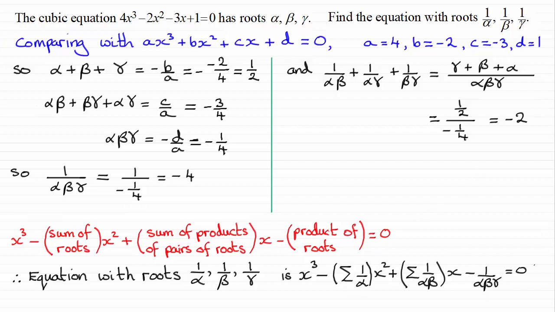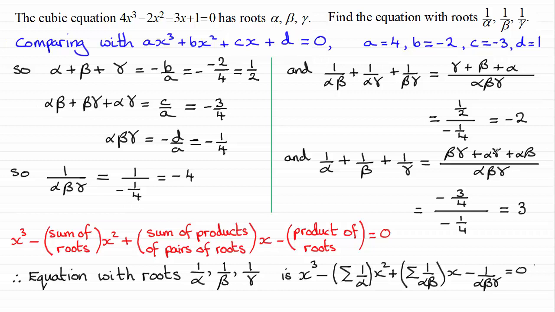And lastly, we've got to do the sum of the new roots here. And we'll be looking then at working out this value here. And again, put these fractions all over a lowest common multiple, work out the numerator. What you get is this result here. In the numerator, we've got the sum of the products of the pairs of roots. It turned out to be minus 3/4.